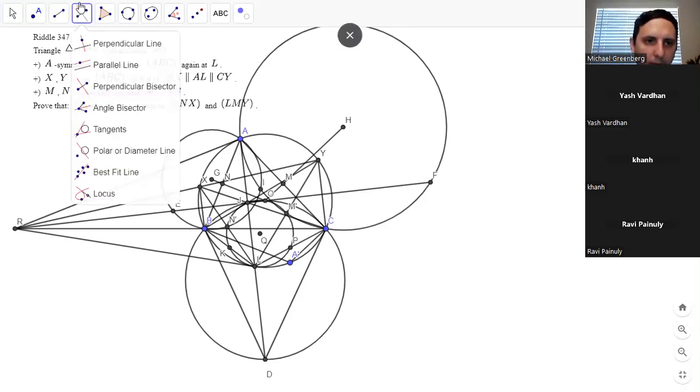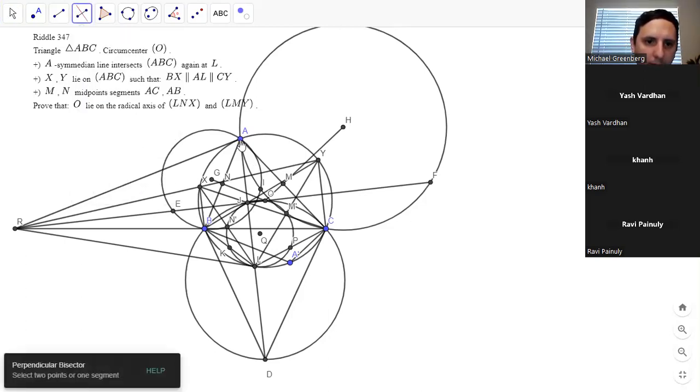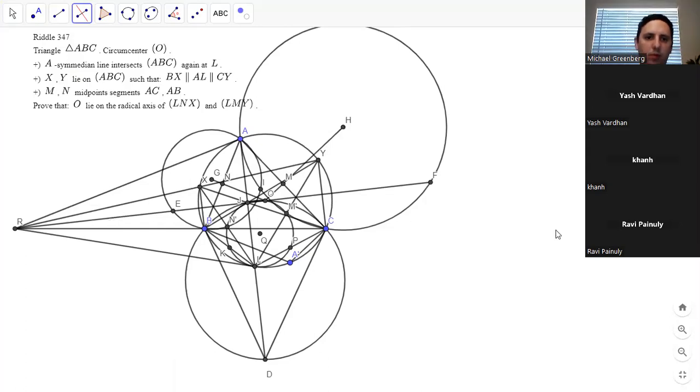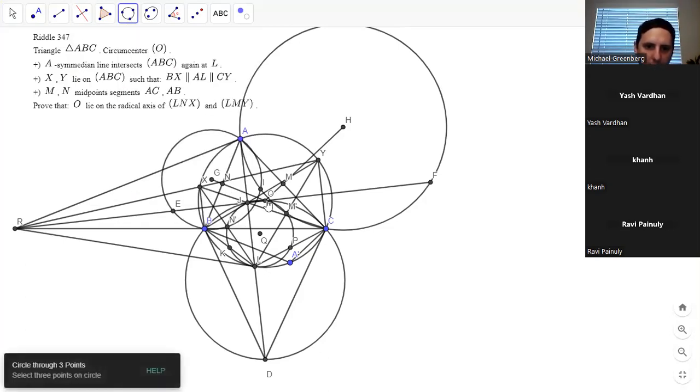So yeah, can we say anything about the perpendicular bisector of AI? Which is the same as GH. I wonder if we have some cyclic quadrilateral like OJ.